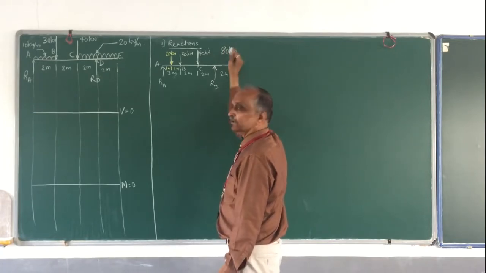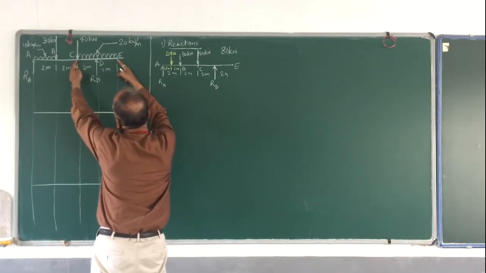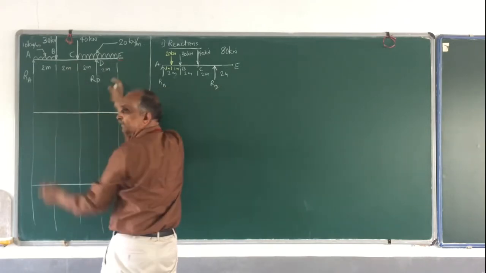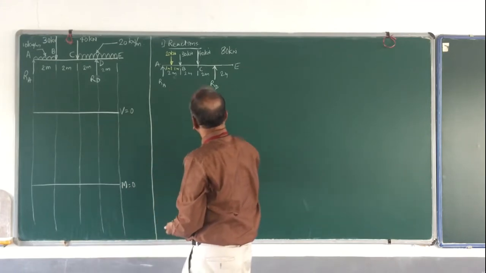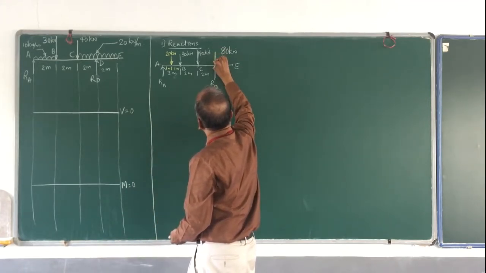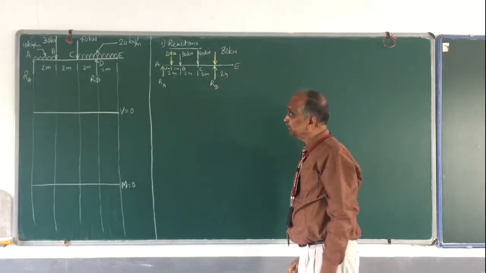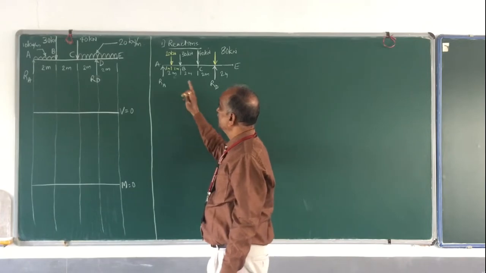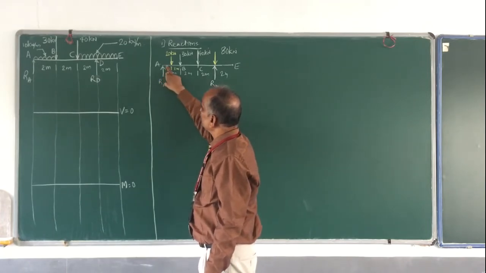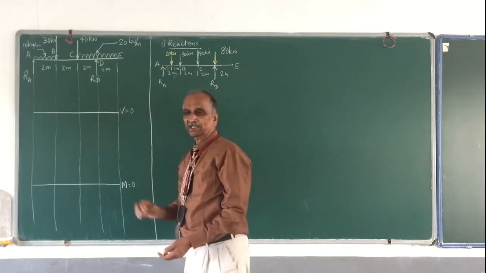That is the UDL. Where is it acting? It is acting at the midpoint of that. This is 4 meters, half of that is 2 meters, and therefore it is this point that this 80 kilonewton is acting. Okay, please remember this kind of diagram I make only to find out reactions.